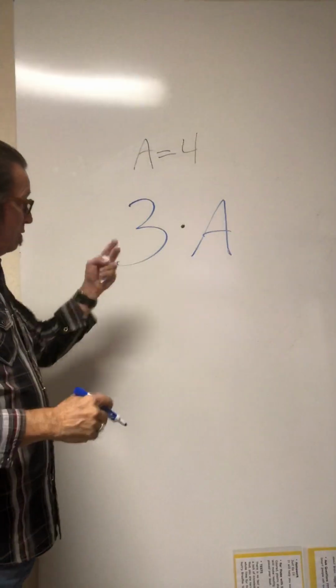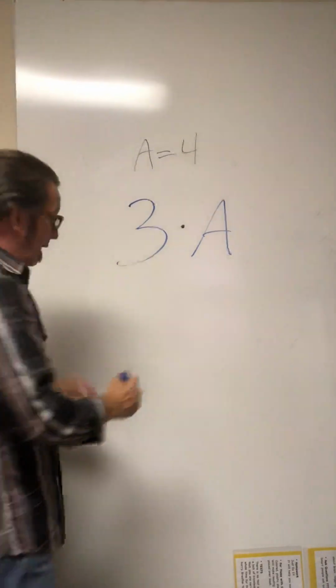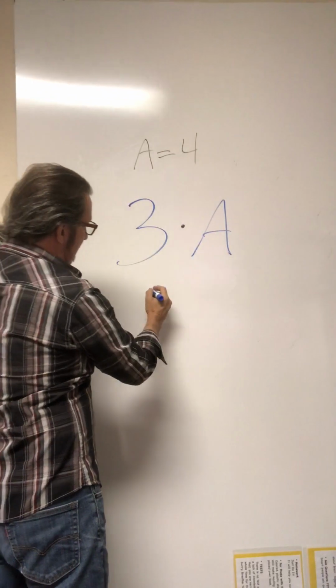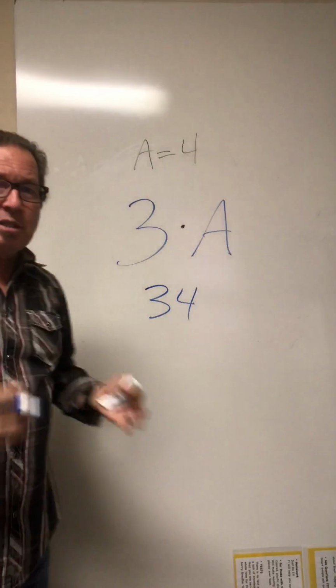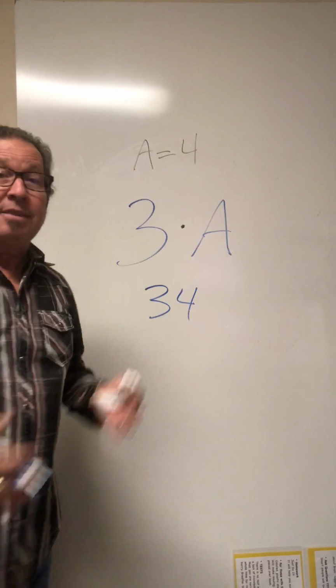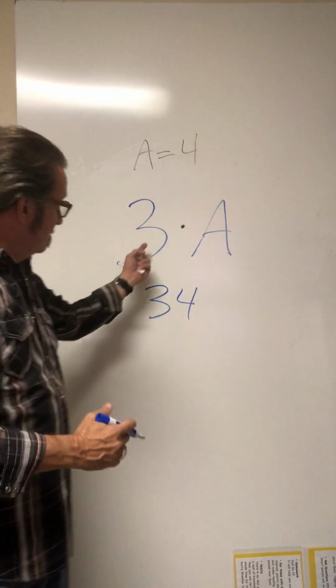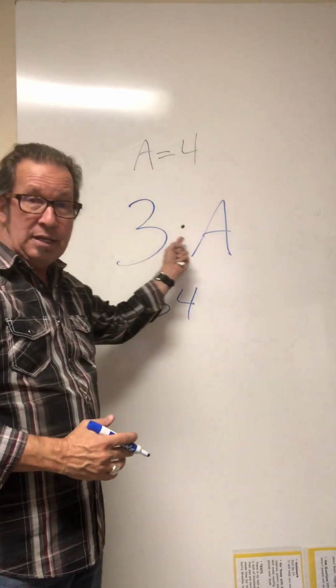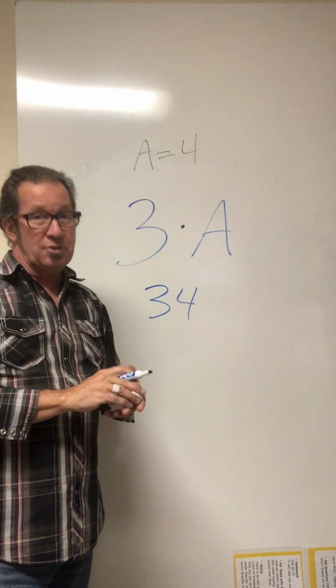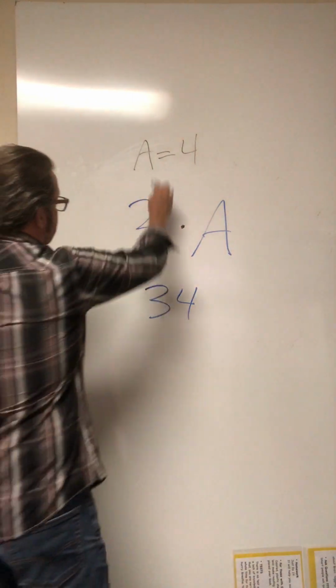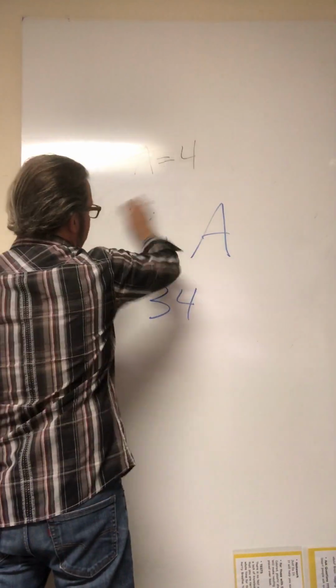So if I said, what's 3 times A? Some kid might go, well, 4 is A, so I bet the answer is 34. What did they do wrong? They forgot to multiply them, because 3A really means 3 times A, okay? This is all related to expressions. This is important stuff.